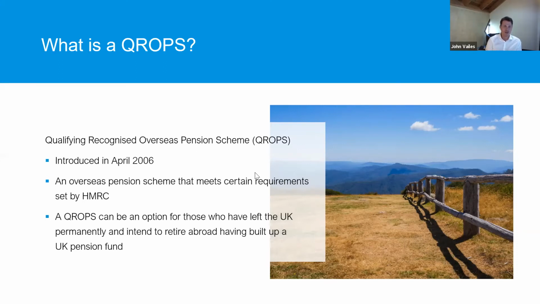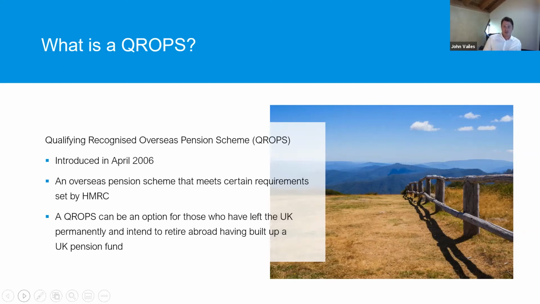The final point is that HMRC were looking to help monitor and even police the transfers more effectively. Today, QROPS is the go-to option for those who have left the UK and intend to retire abroad, but still have a UK pension fund that has been accrued, and are looking to bring it across to the new country of residence.